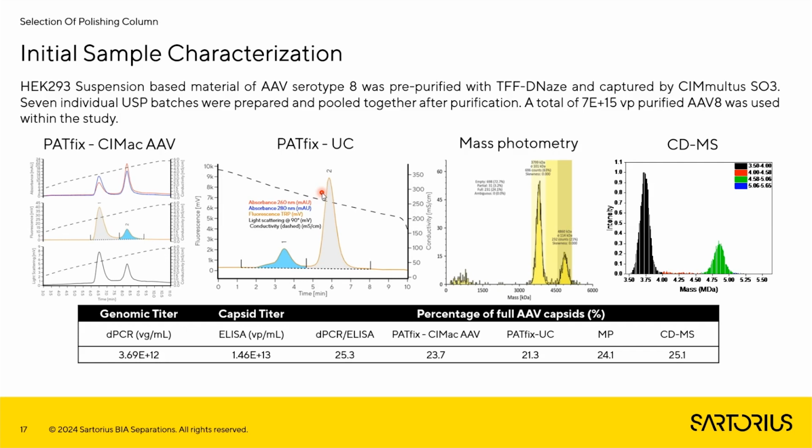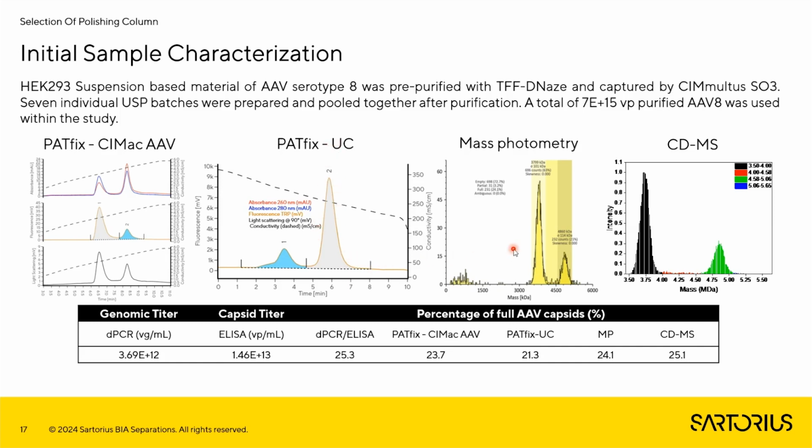What I'm showing here is just the fluorescence signal, the middle one here, and in opposite to the CIMac AAV, here, because it's a density gradient, we go from a more dense environment to a less dense environment. So the fulls will elute first, and then they will be followed by the partials and then also the empty capsids.